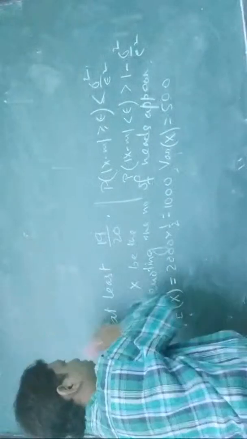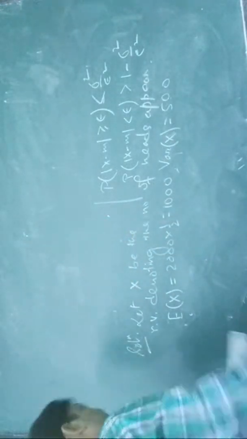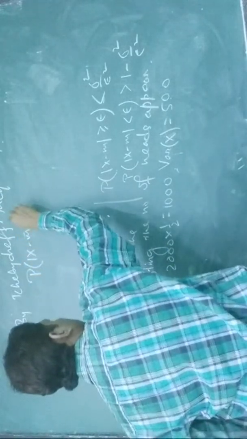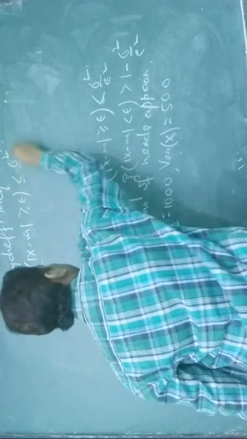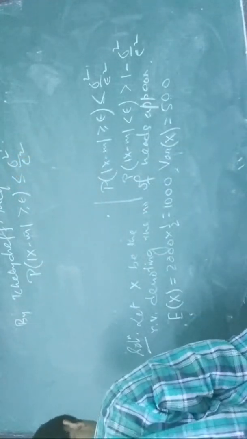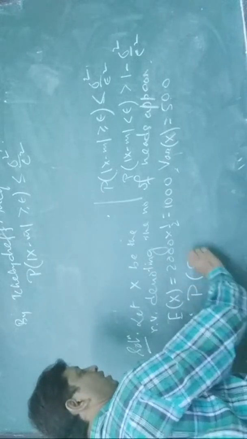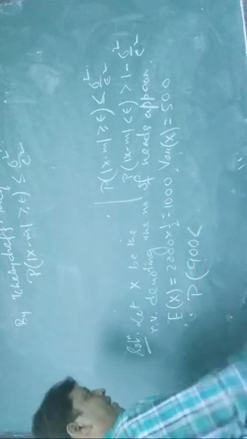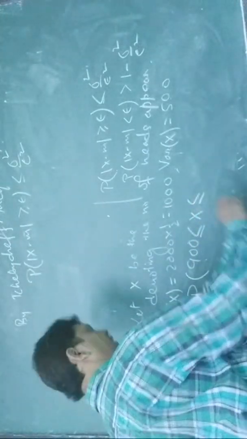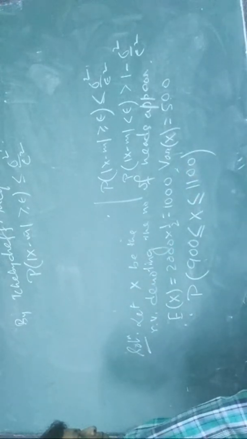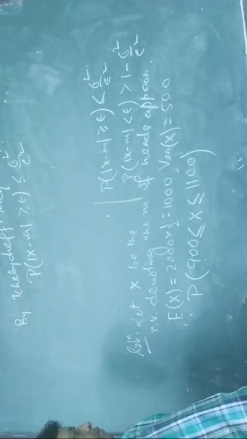I hope that you have written the question. So by Chebyshev's inequality, you have to find out probability of 900 less than equal to x less than equal to 1100. What is your m? 1000.